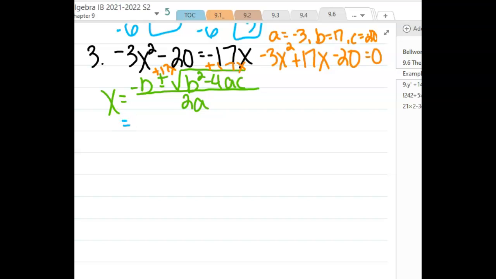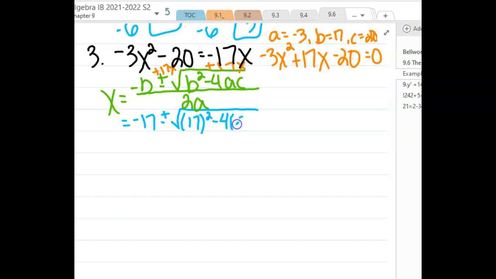So in the formula, the first thing we're going to do is take the opposite of b. So the opposite of a positive 17 is going to be a negative 17, plus or minus the square root. And then underneath the radical, we are going to take b squared, so 17 squared minus 4.